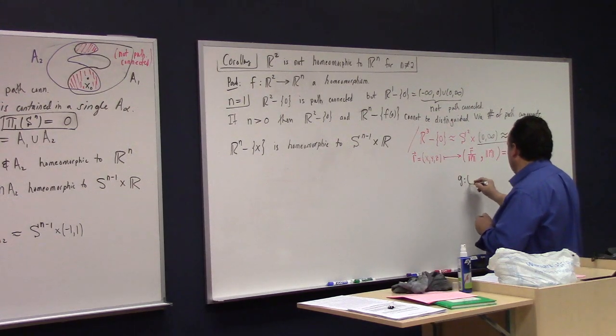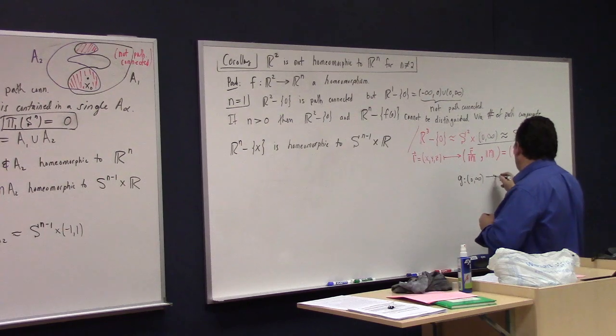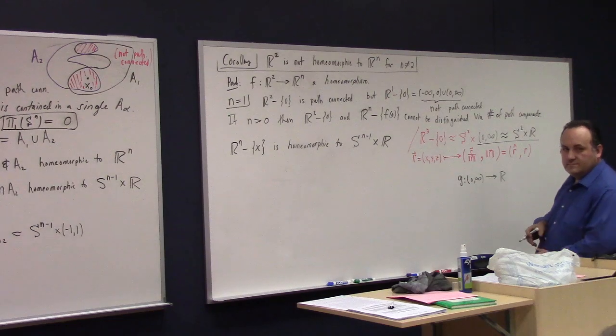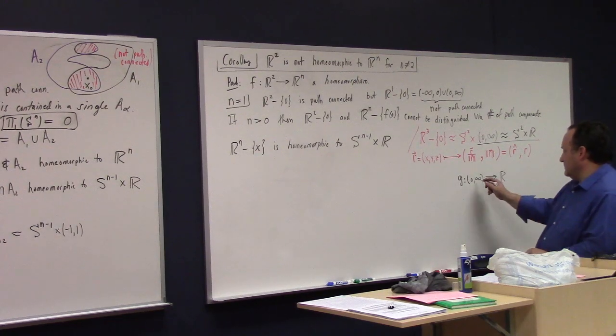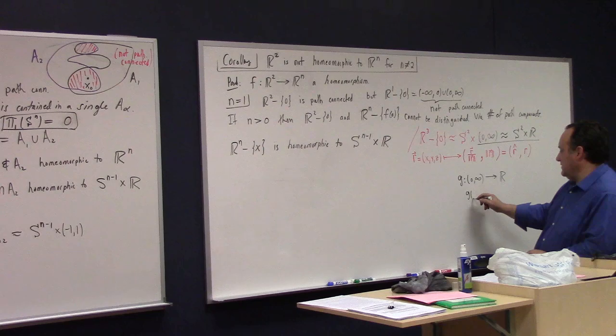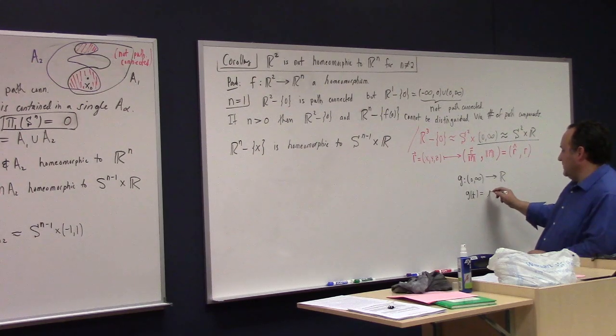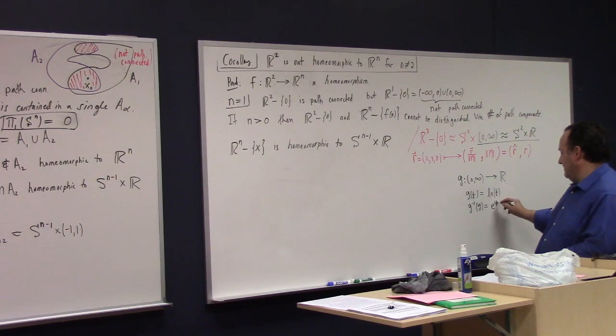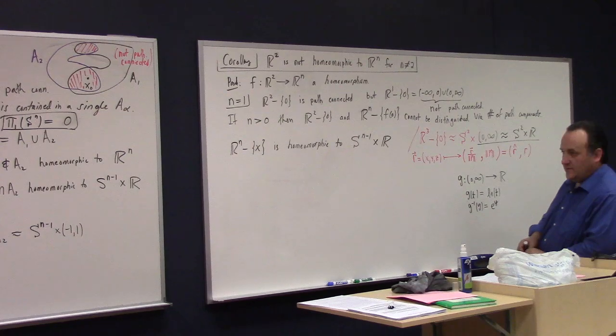I want g that goes from 0 to infinity to the whole reals. What should I use? How about g of t equals natural log t? Then g inverse of y would be equal to e to the y. Continuous, continuous inverse. That's the homeomorphism.